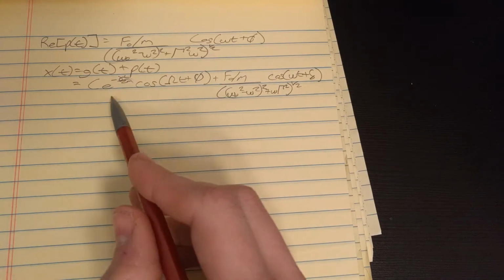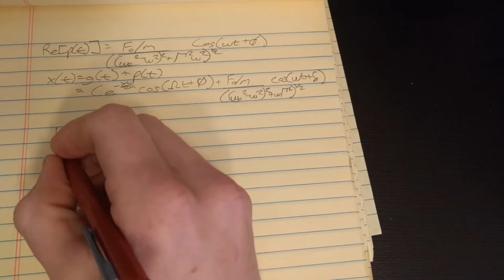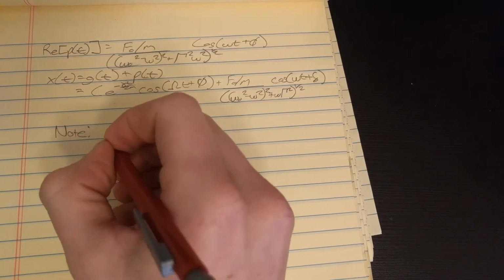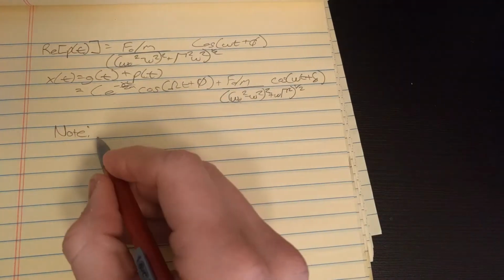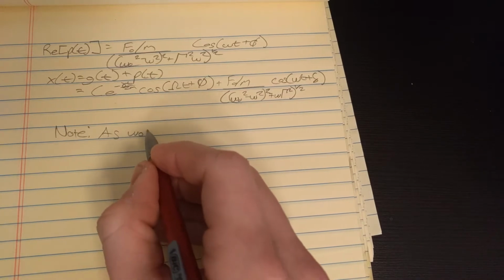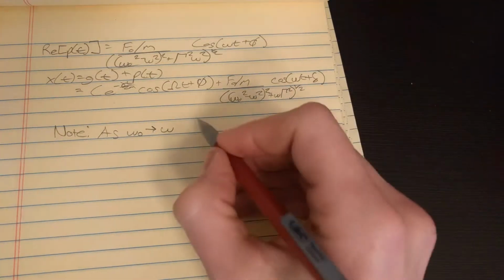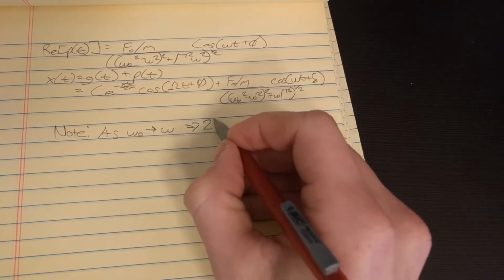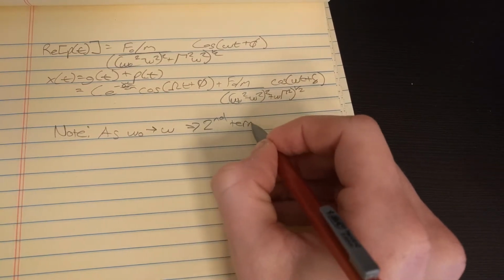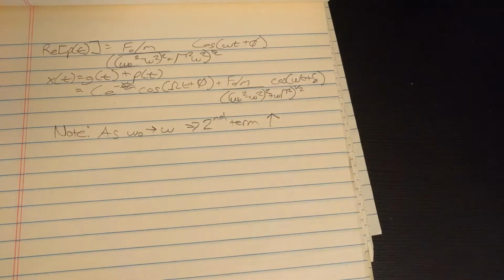But there's some things to note. So note that as omega naught approaches omega from either the left or right, the second term blows up. And the first term basically doesn't matter. And now when that happens, there's a resonance effect, and you get resonance enhancement.